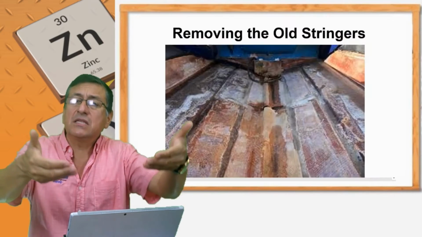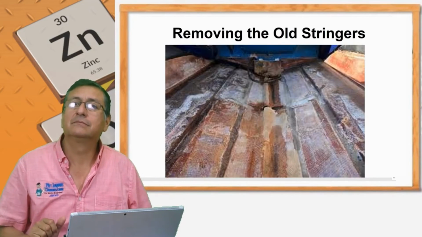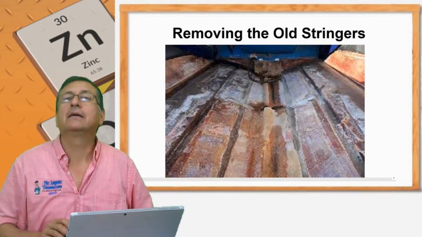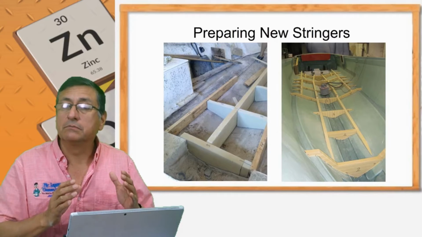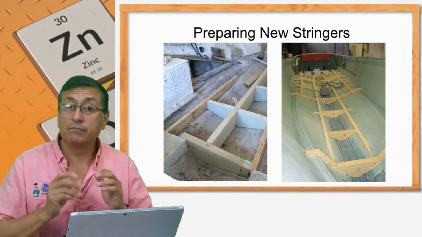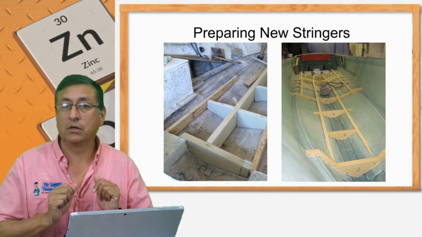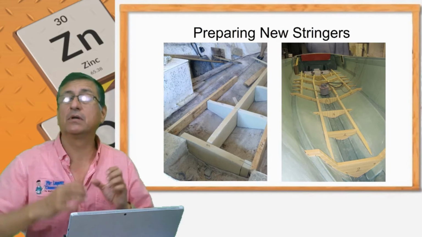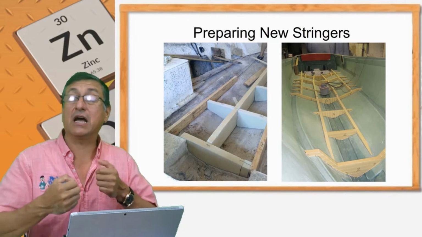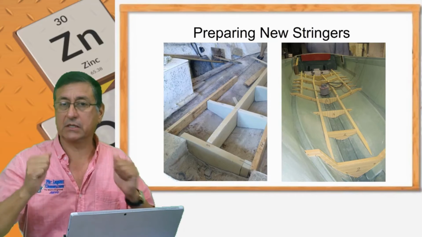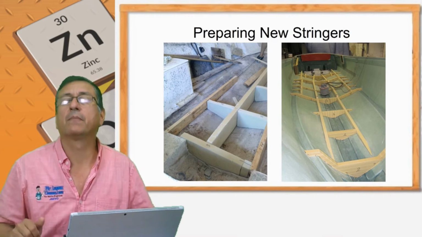We need to cut the stringers completely, remove the stringers and bulkheads, and install new stringers. Normally you have two options: in foam, in wood, or in wood with aluminum on top to reinforce the stringers, and after that you install the motor mounts over the aluminum. That's better. This is my preferred.